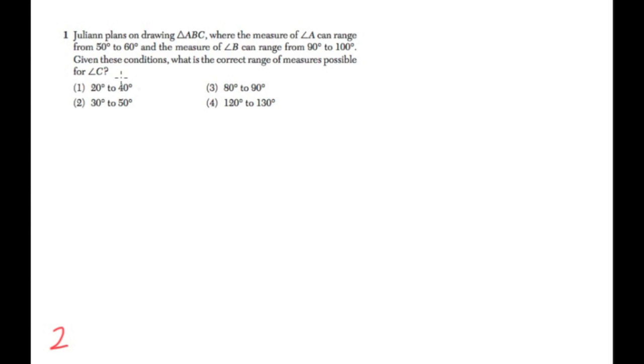So, Julian plans on drawing triangle ABC where the measure of angle A can range from 50 to 60 and B can range from 90 to 100. Given the conditions, what's the correct range of measures possible for angle C? Well, we do know that we're talking about a triangle here, and a triangle has 180 degrees.